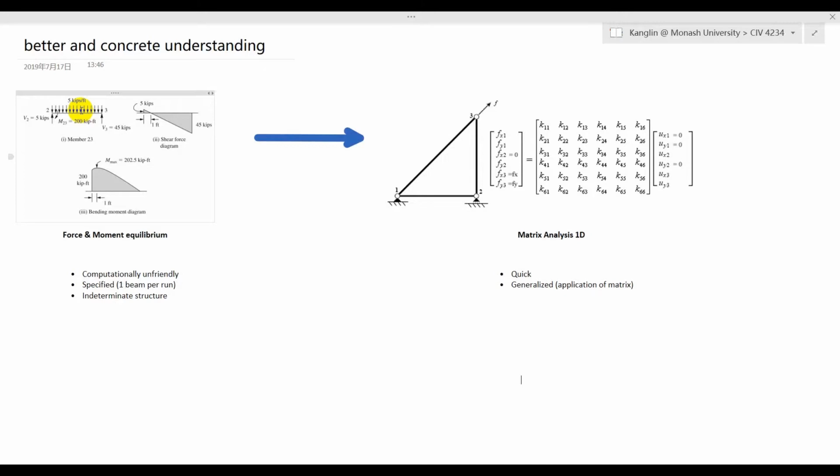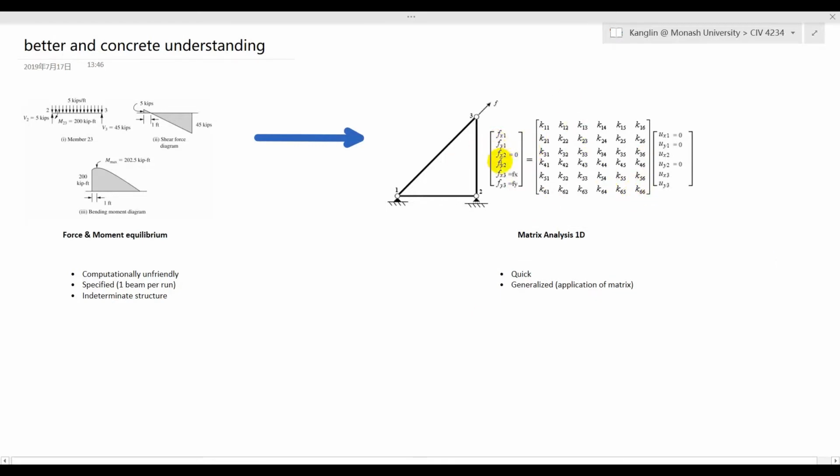However, that method is very computationally unfriendly, because if you're using those equations, you're generally solving for one beam at a time, and it's very specific and takes a lot of time, especially when you're dealing with indeterminate structures. That is a big problem because you have more unknown parameters than equations, so that method just can't be used, right?